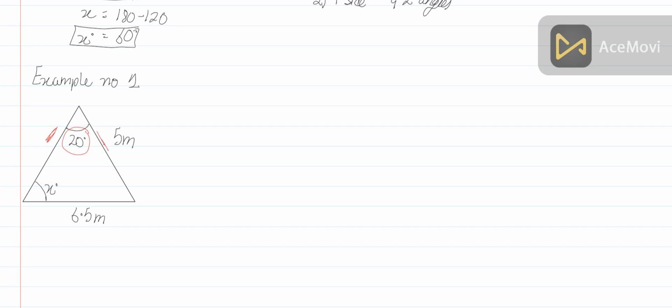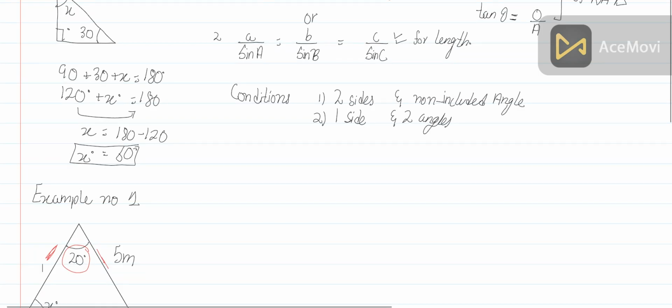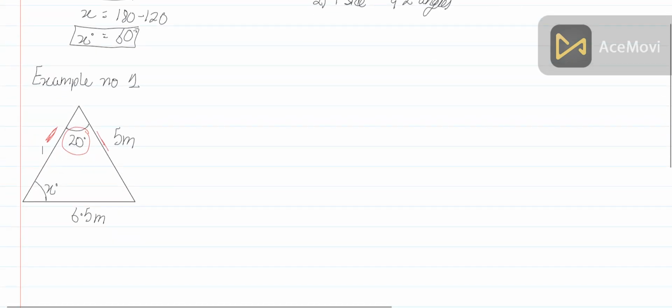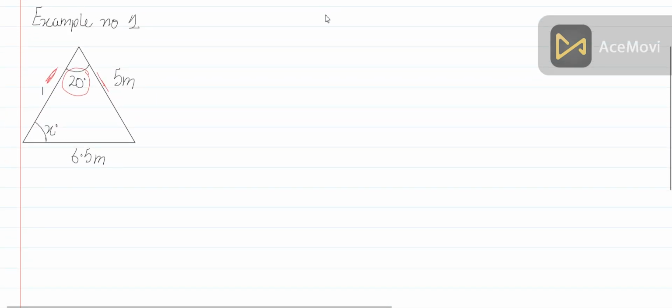So according to the formula, the sine rule that I have written here is: sine A upon a is equal to sine B upon b is equal to sine C upon c. Maybe you will be a little confused. What does sine A upon a mean? If I draw the triangle randomly like this, and the sides are a, b, and c, and these are the angles.